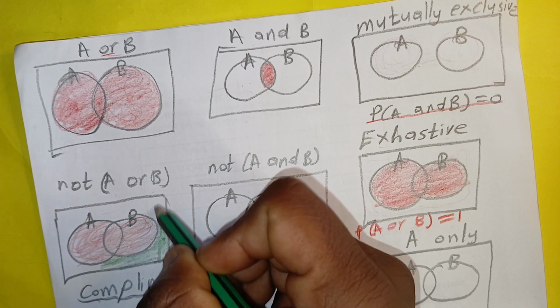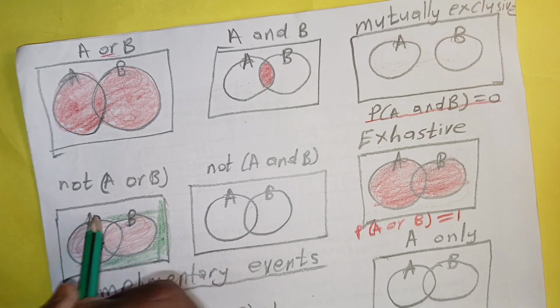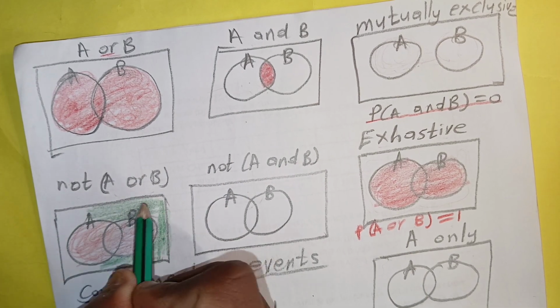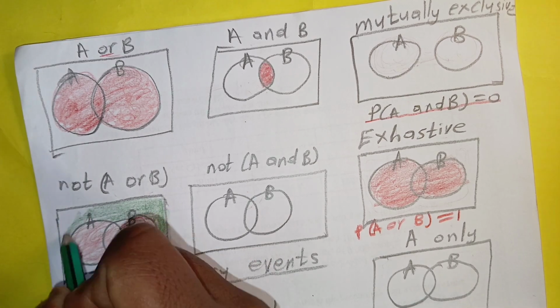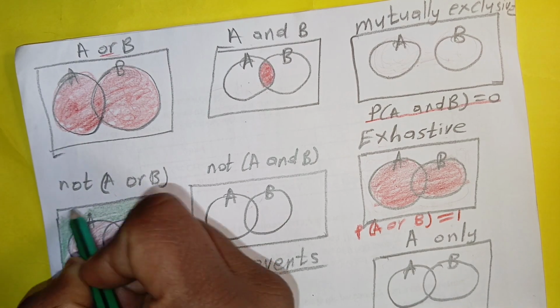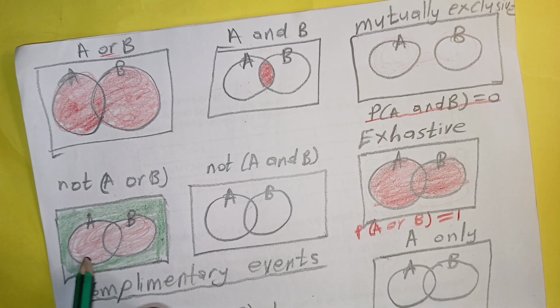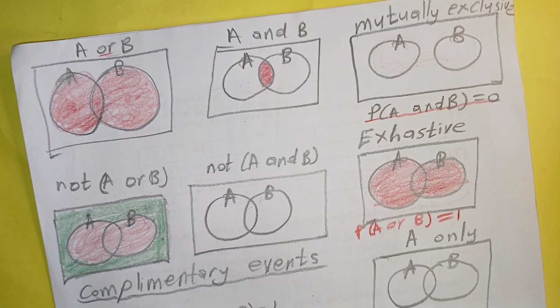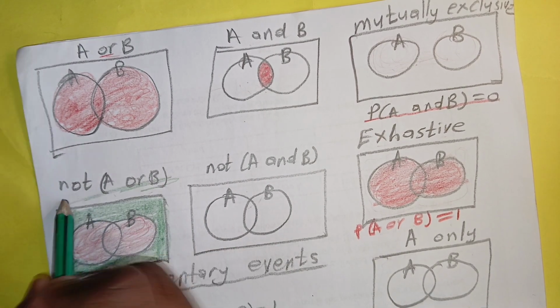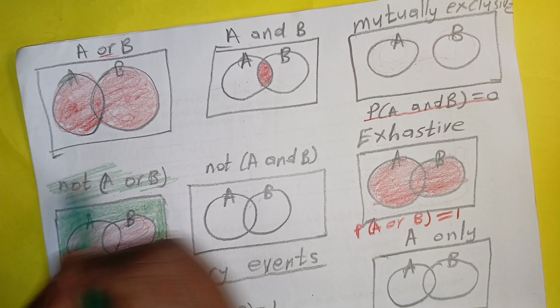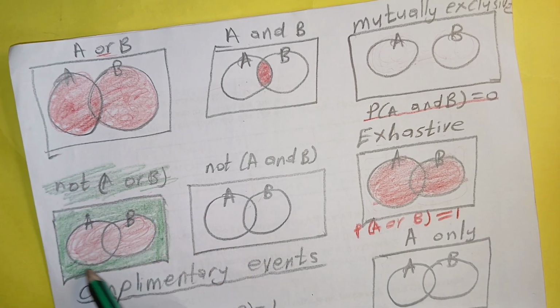Everything which is outside from here is not A or B. When they say not A or B, they talk about everything which is outside. And A or B is this thing.